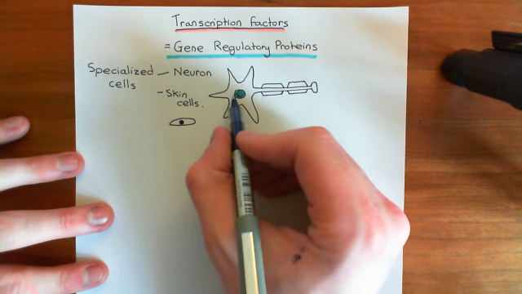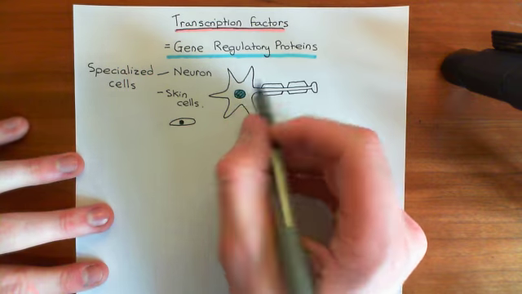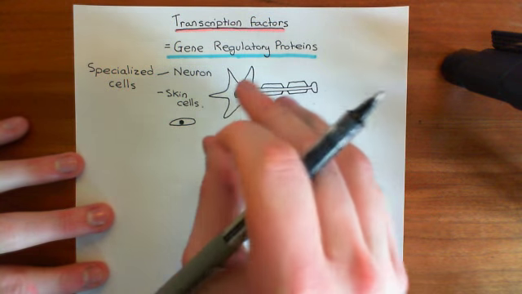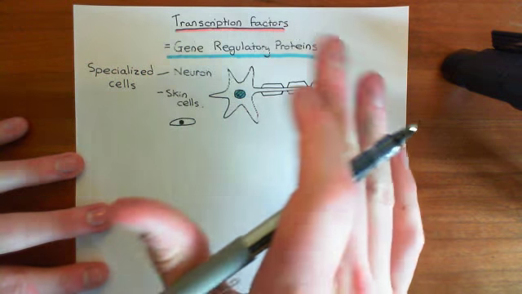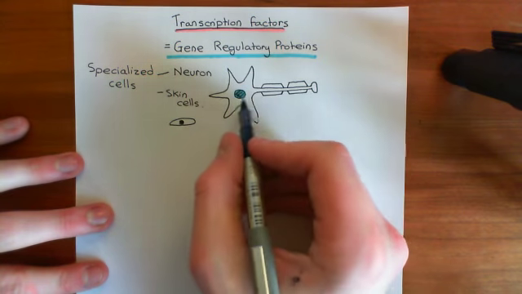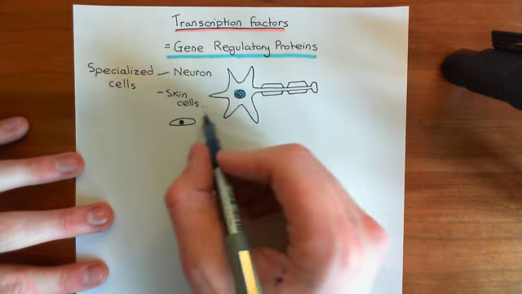So the neuron would overall end up containing different DNA to the skin cell. So they thought that the process of specializing into a certain cell type involved changes to the genome, i.e. deleting certain genes, and therefore you ended up with two cells that were so different because they had different DNA now.